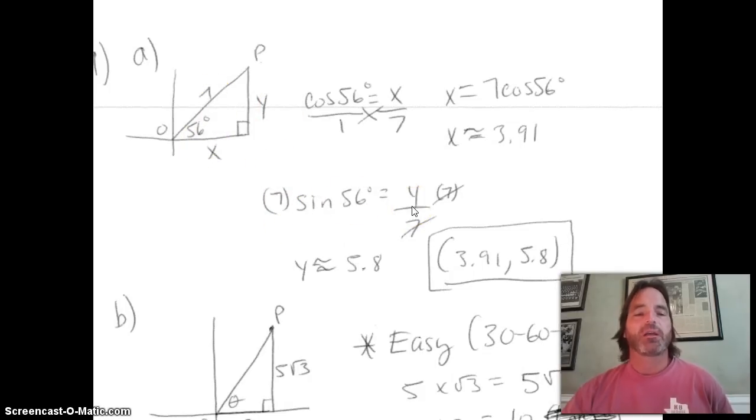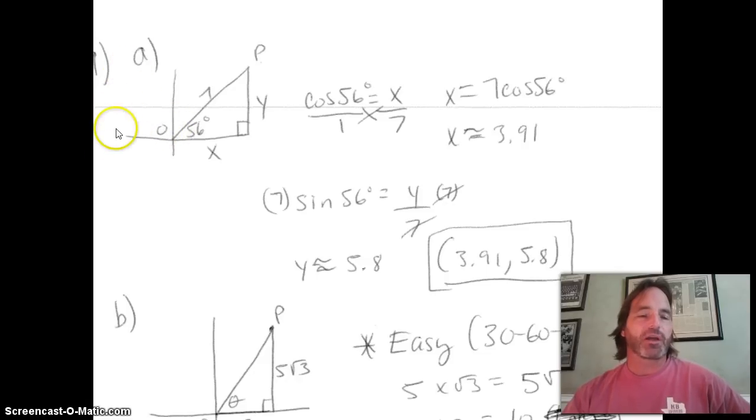Here's the tricky part. Be prepared to have angles in quadrant 2, quadrant 3, and quadrant 4. The triangles you build will be the difference between the angle itself and the x-axis. So if you're in quadrant 2, build a triangle that is 180 minus that angle.